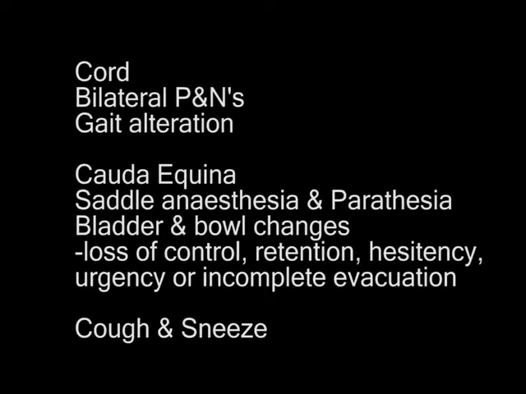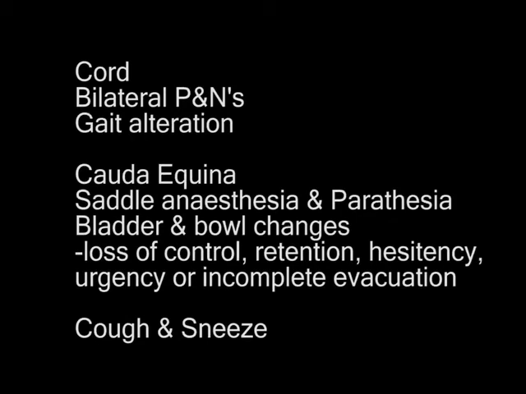With the special questions, initially we'd want to ask about the cord, so whether there's any bilateral pins and needles or indeed quadrilateral pins and needles, and any alterations in the gait pattern, so as they're walking, has it changed at all since whatever the mechanism of injury is, or since they've noticed the back pain. And with regard to the cauda equina, the first prognostic indicator is any changes in saddle anaesthesia and paraesthesia.